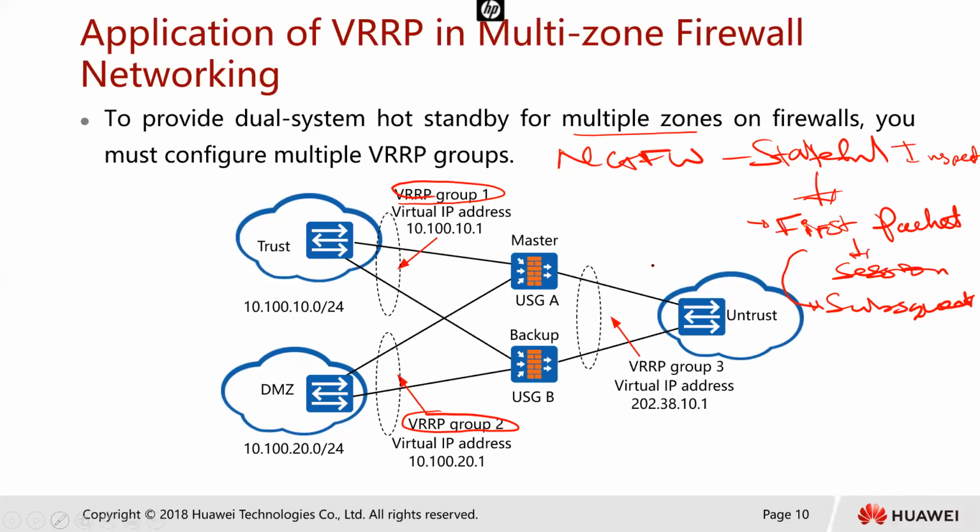But this now requires something, because if the session tables are updated on our master firewall, and for some reason the master firewall goes off, the backup firewall does not have this session. Because of our redundancy, if the master is off, the backup assumes responsibility.